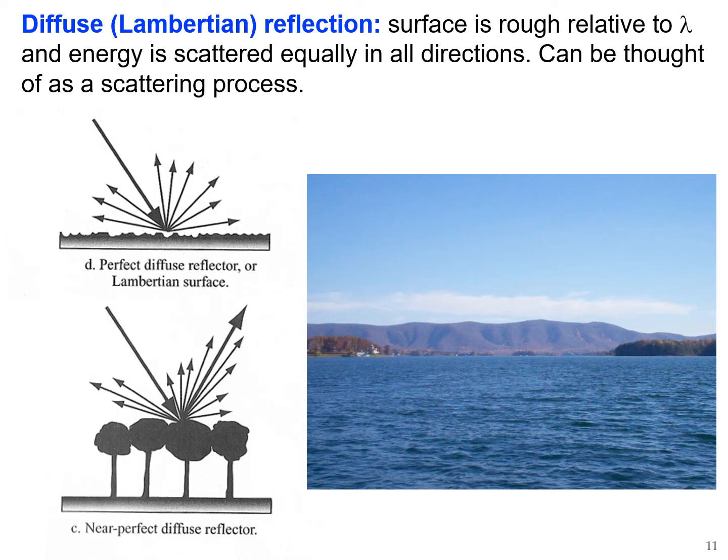In modeling of remote sensing, where we're looking at what we expect to see from a given sensor, we like to have Lambertian surfaces because they make the math easy to do. But really, it doesn't happen very often in the real world. We do get near perfect diffuse reflectors, and you can see that on the bottom there, where there's a dominant angle that would be the angle of excidence, and then you have a variable amount of reflection in a variety of angles.